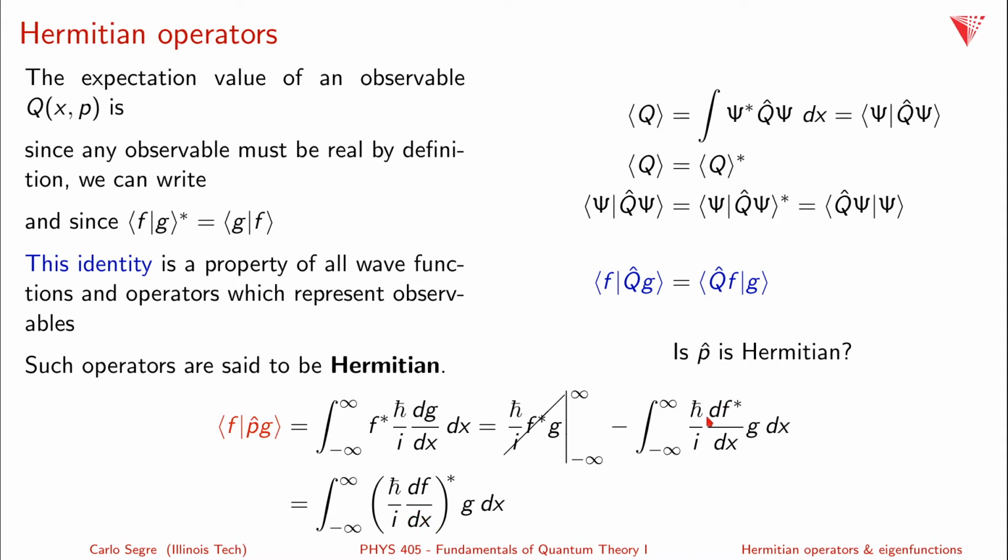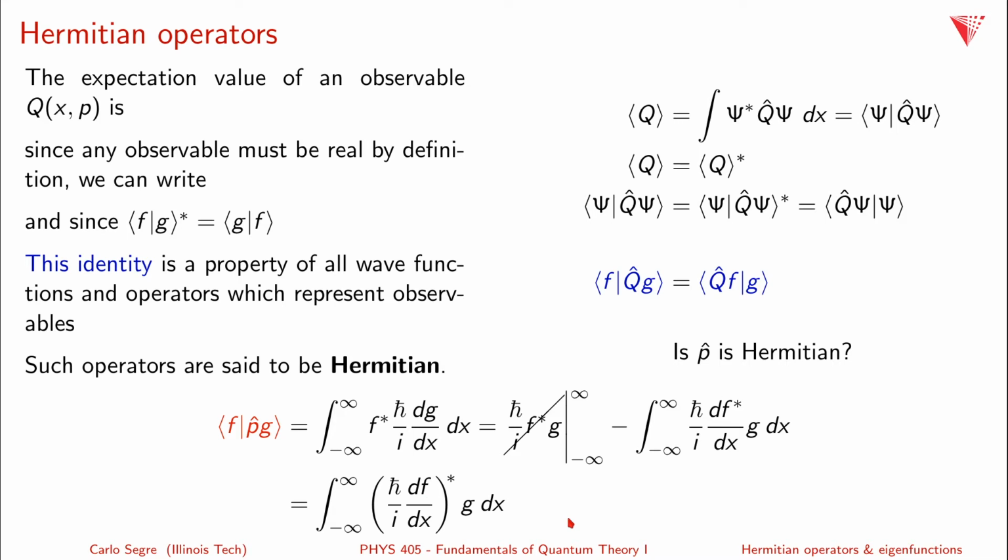And so this is equal then to, if you look carefully here, this integral, I can bring this in, make this a minus i, and then this is also a complex conjugate. So I can regroup this together as h bar over i, df dx, all complex conjugate, times g dx integrated from minus infinity to infinity. But this is just the operator p applied to f, complex conjugated.